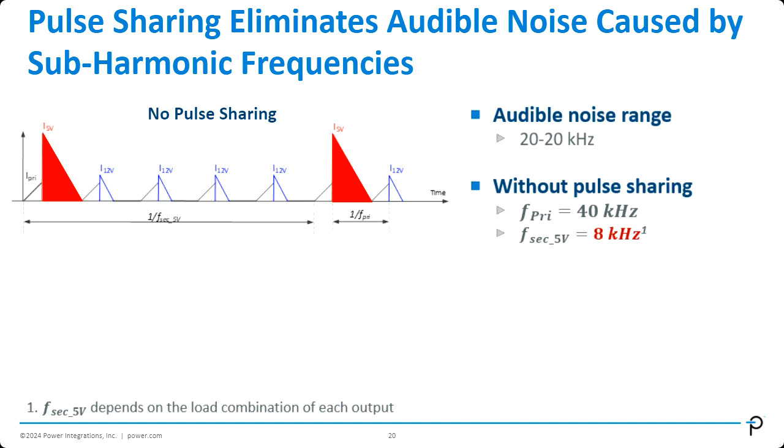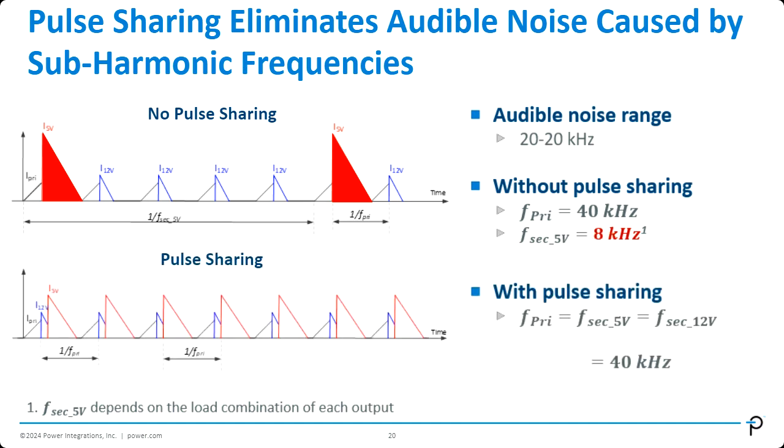So what did we do about it? We've introduced this mechanism called pulse sharing, and as the name suggests, rather than only delivering power to one of the outputs per switching cycle, we actually let the outputs share the pulse of energy coming from the primary side. So over here, as you can see, take the first switching cycle as an example. A fraction of it actually goes to the 12-volt output first, and then the remaining of it goes to the 5-volt.